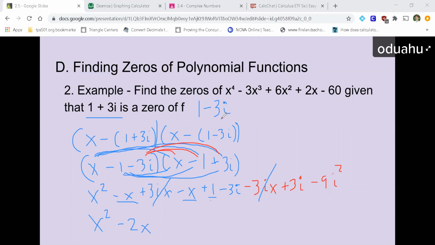I've got this plus 1 here. Minus 3i cancels out with positive 3i. And then this is really positive 9. So I guess I can add that with the 1 to make 10. To get x squared minus 2x plus 10.